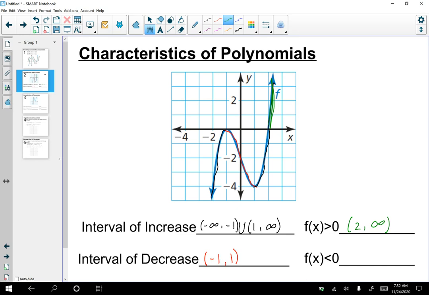Now, where is f of x below the x-axis? That's all of this, all of where it's below the x-axis. Now remember, I said we cannot include where it touches the x-axis, which would be where it's equal to 0. So we're not going to include that point -1.